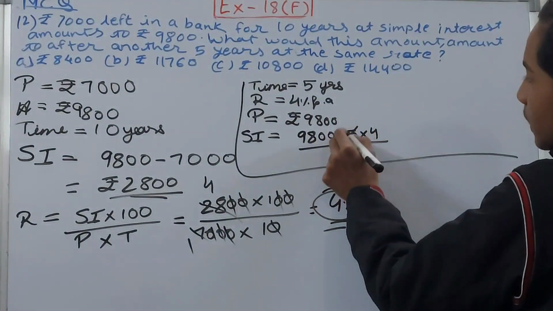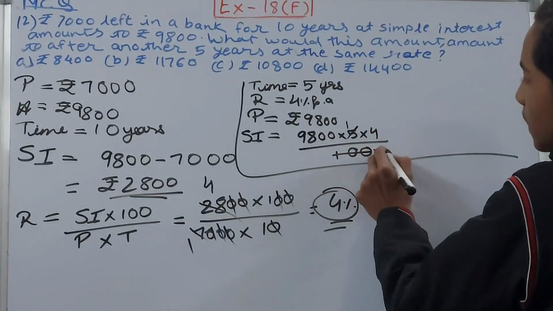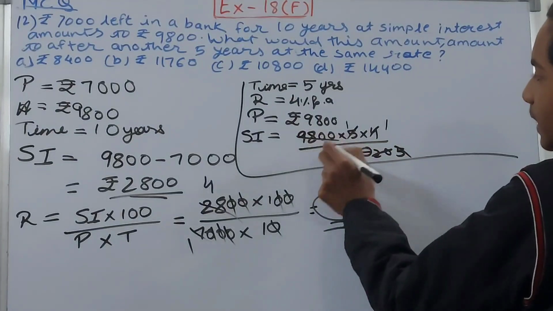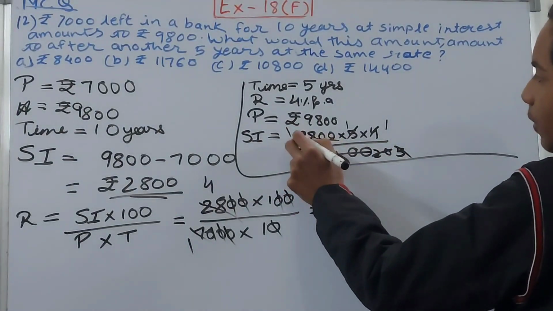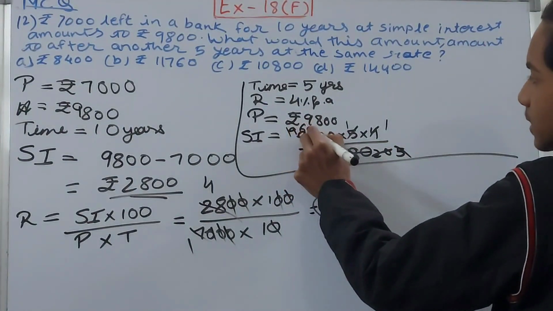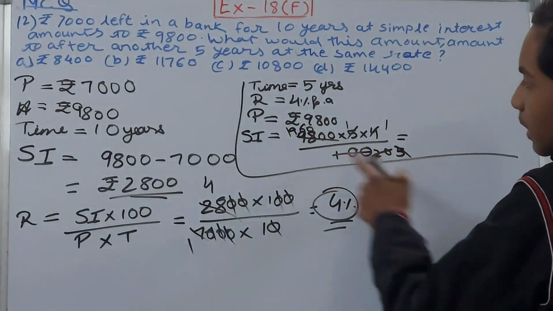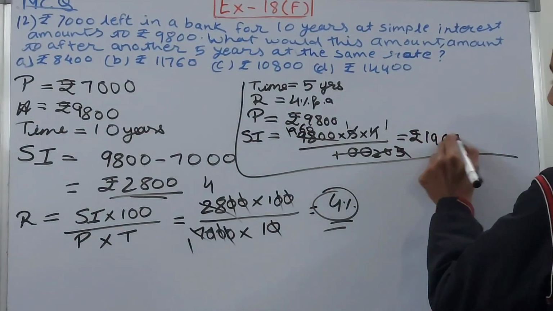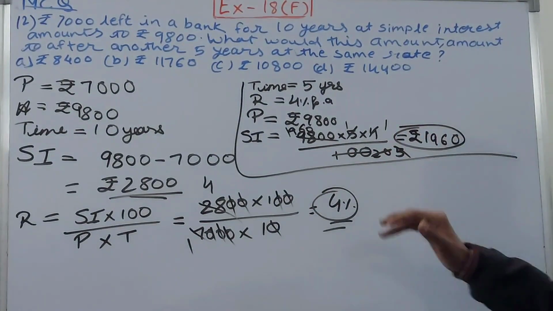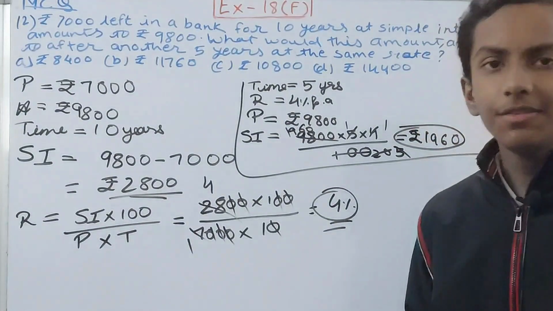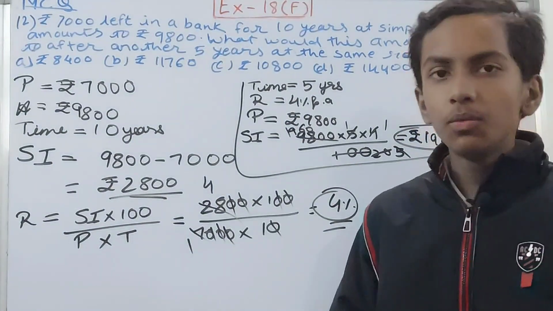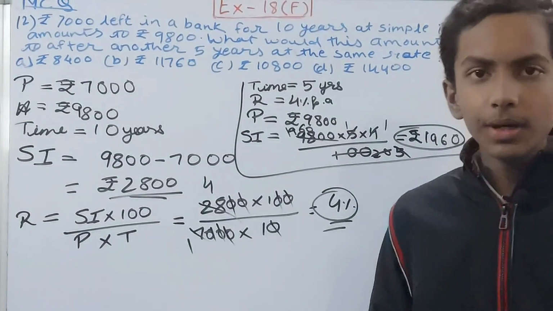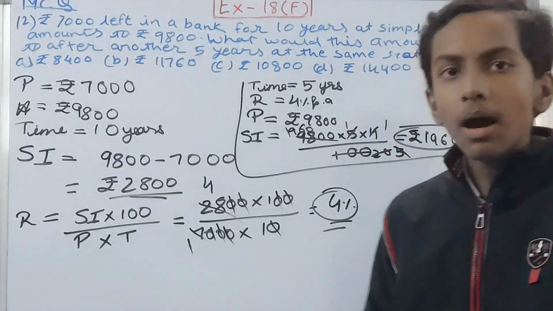I'll cancel this 5, cancel the 100, cancel this 4, and so on, and the result is 1,960. This is our simple interest. That is, after 5 years the simple interest will be 1,960.